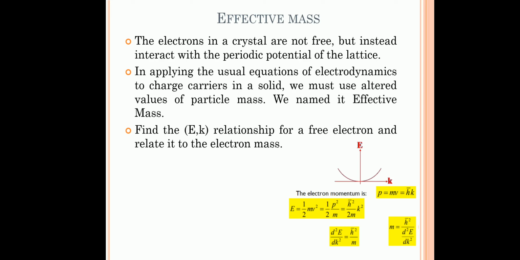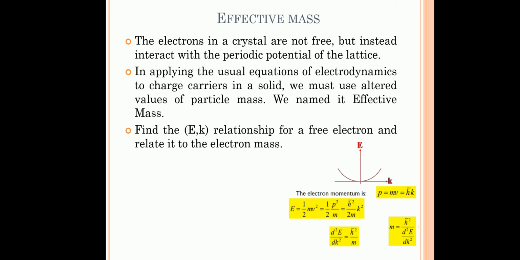We can define that by taking the electron momentum. We know that the momentum of an electron is P = mv, or in other words P = ħk, where h is Planck's constant.